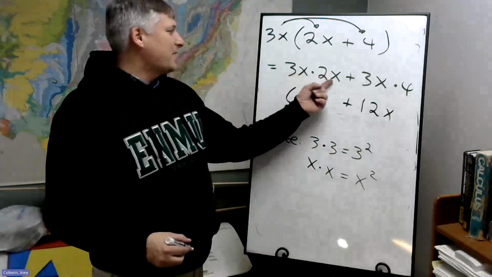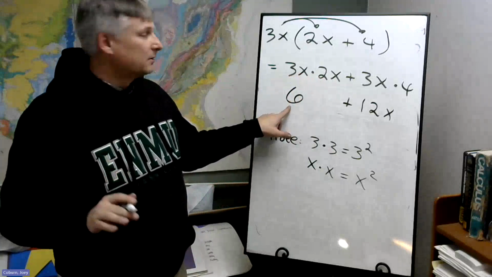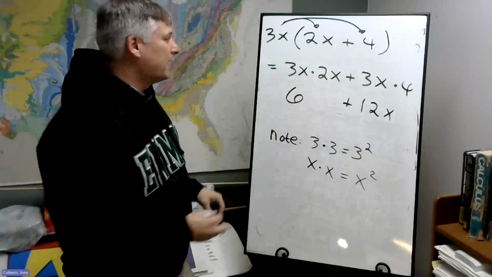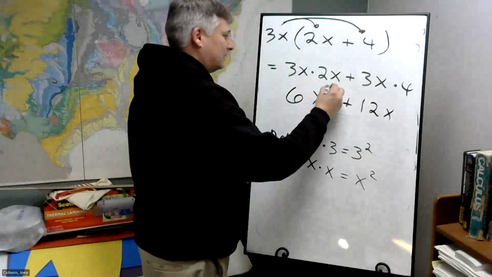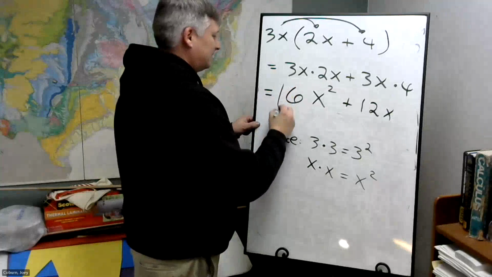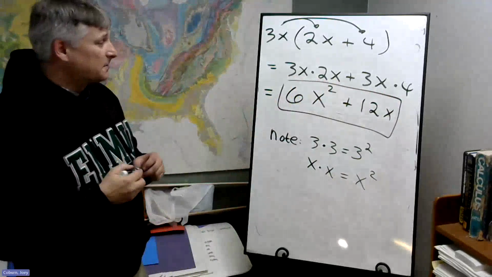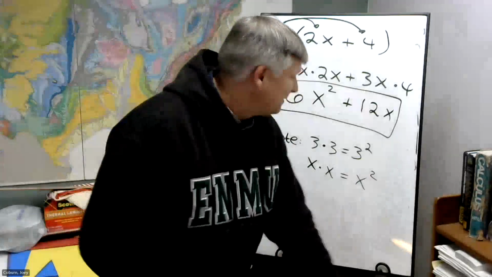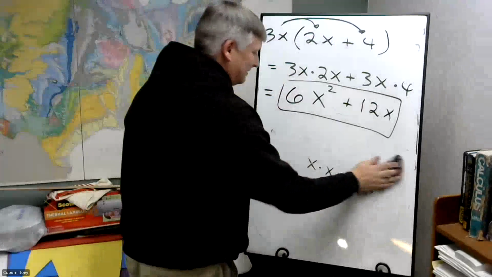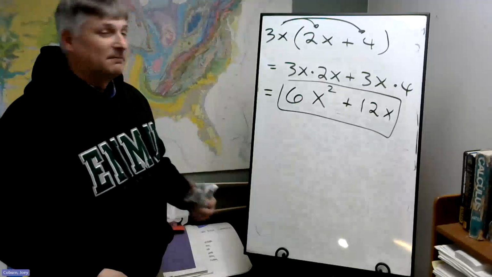So x times x, the numbers will multiply together and be their own thing. The x's will multiply to be x squared. And that's as far as you can go. So any questions about that, let me know.